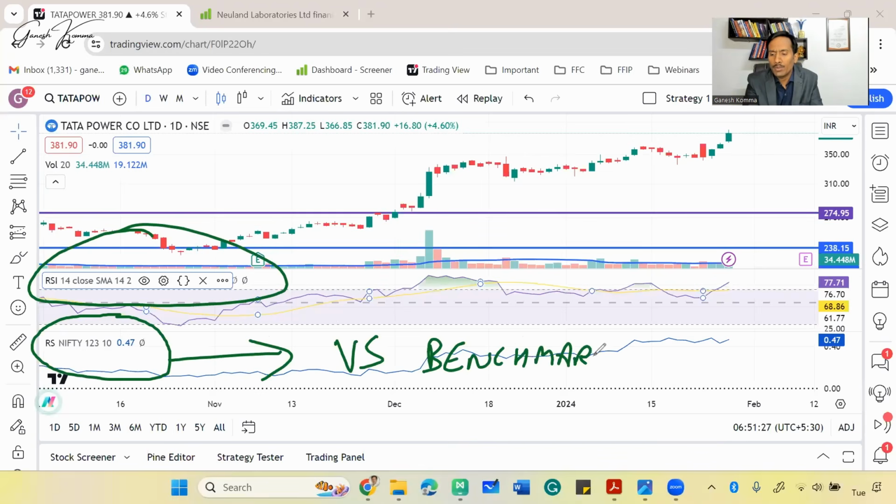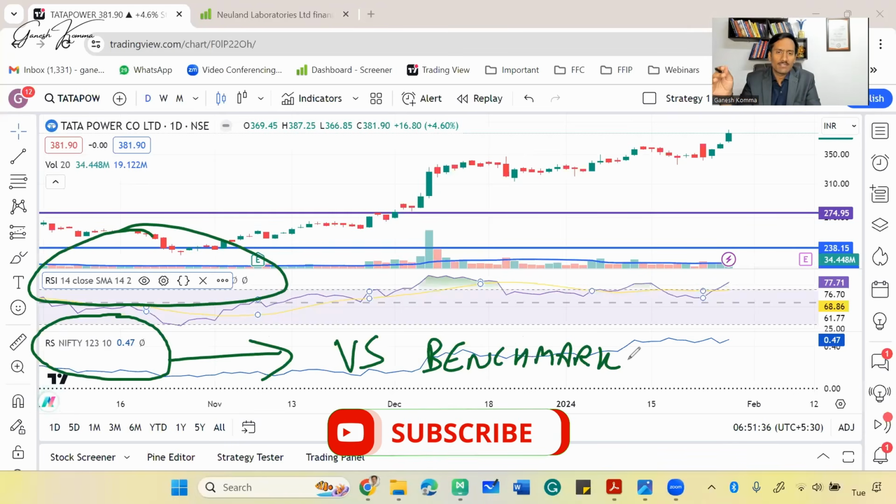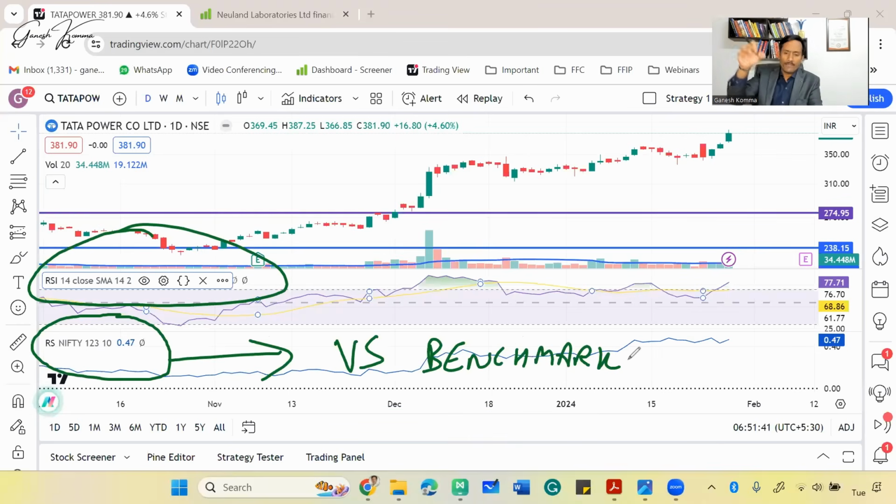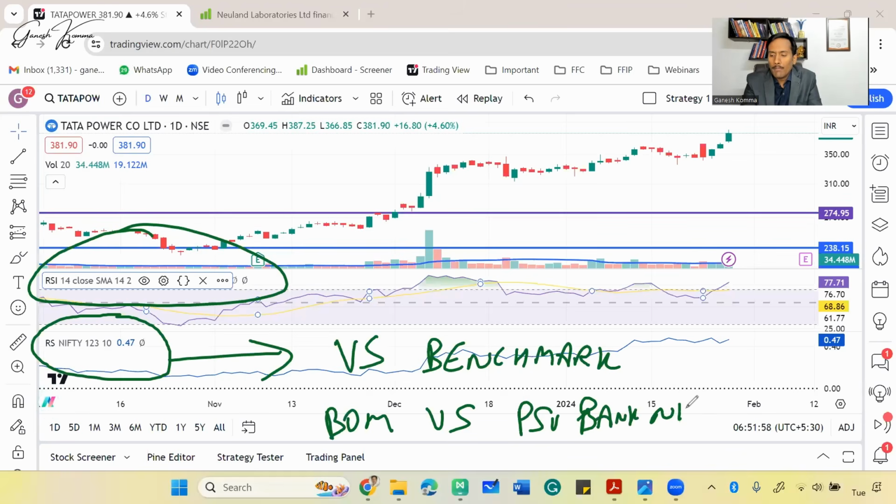You take whichever benchmark, the broader index of Nifty 50, or the index of that particular stock: your Power index, your IT index, your Banking index. Sir, I'm looking at Bank of Maharashtra. Then keep your RS against the public sector unit index, so it can be Bank of Maharashtra versus your PSU Bank Nifty as the index.